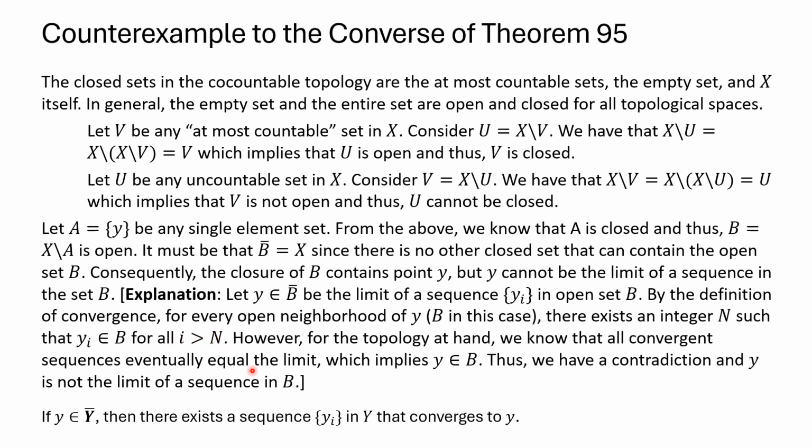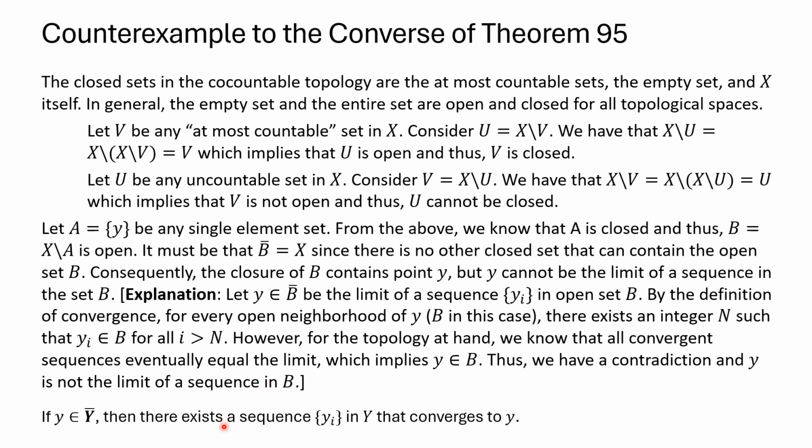However, for the topology at hand, all the convergent sequences eventually equal the limit, which implies Y is an element of B. But we already defined B to be the complement of A, so Y is not in B. Thus we have a contradiction, and Y is not the limit of a sequence in B.